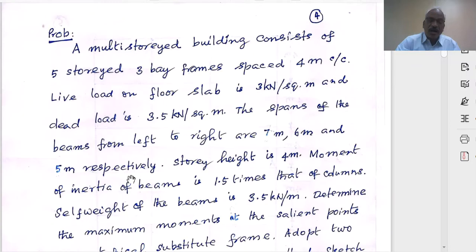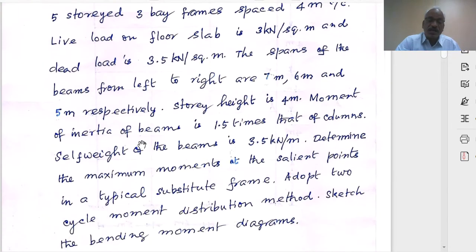And the story height is 4 meters. Story height 4 meters means a 5-storied building, so 5 into 4, 20 meters. 5 stories. Now, the moment of inertia of beams is 1.5 times that of the columns.